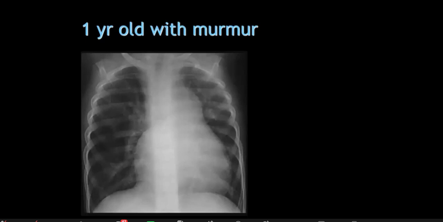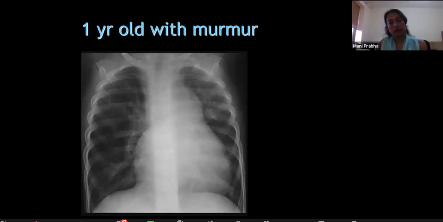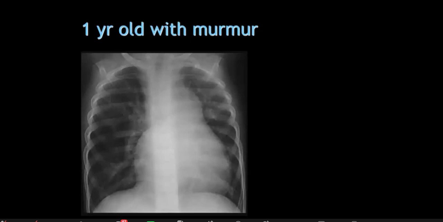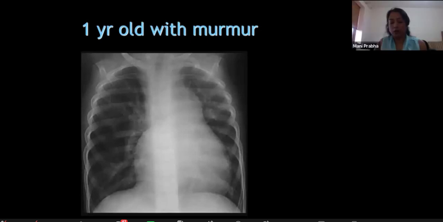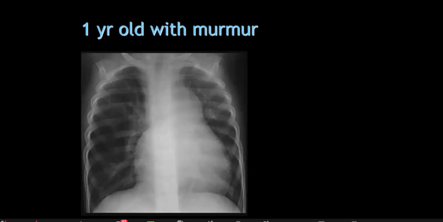So in summary, I think we've got diffuse gross cardiomegaly affecting all chambers with an enlarged pulmonary artery and increased vascularity with a left-sided aortic arch. Would I be able to ask, I assume with a 1-year-old child, this is probably an acyanotic heart disease. You are absolutely right. That's how you have to judge it, and it is acyanotic. So this would probably be most in keeping with a VSD.